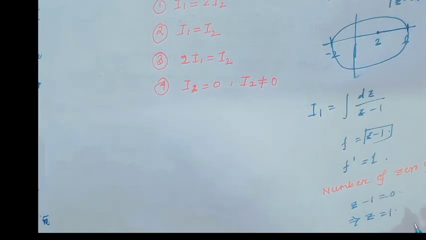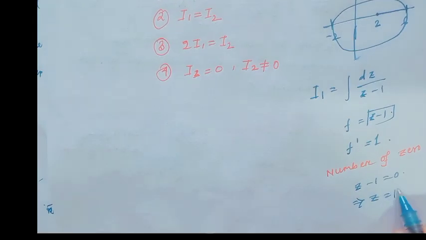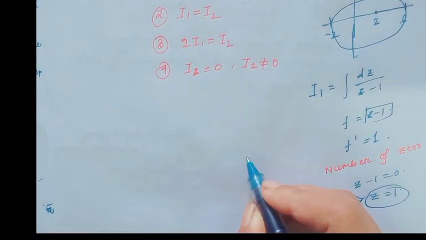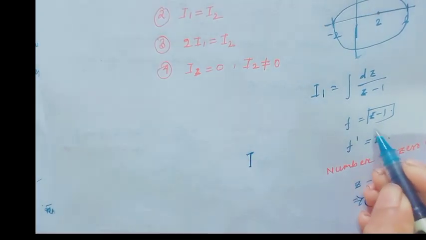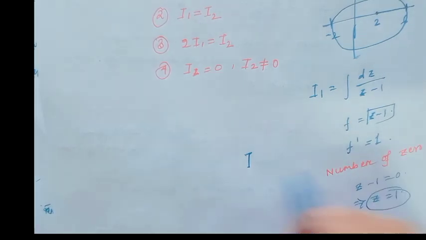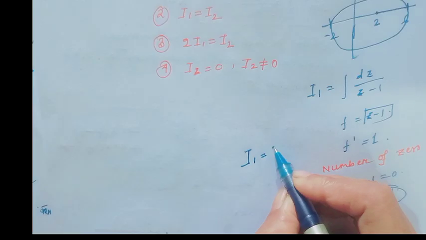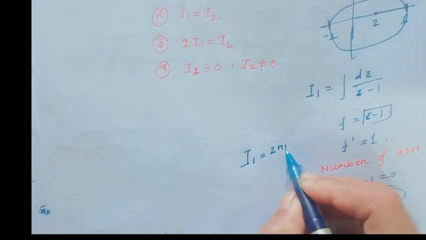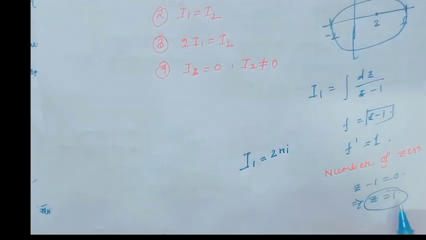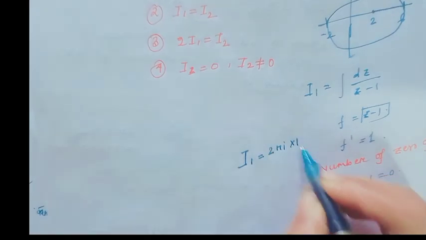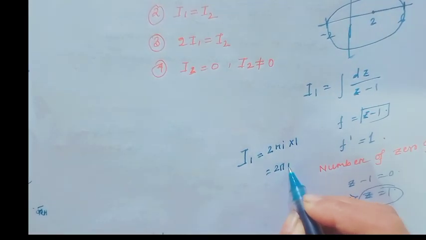This is the zero. In this function there is no pole. Therefore I1 equals, by the argument principle, 2 pi i times the number of zeros, which is 1. That means this value is 2 pi i.